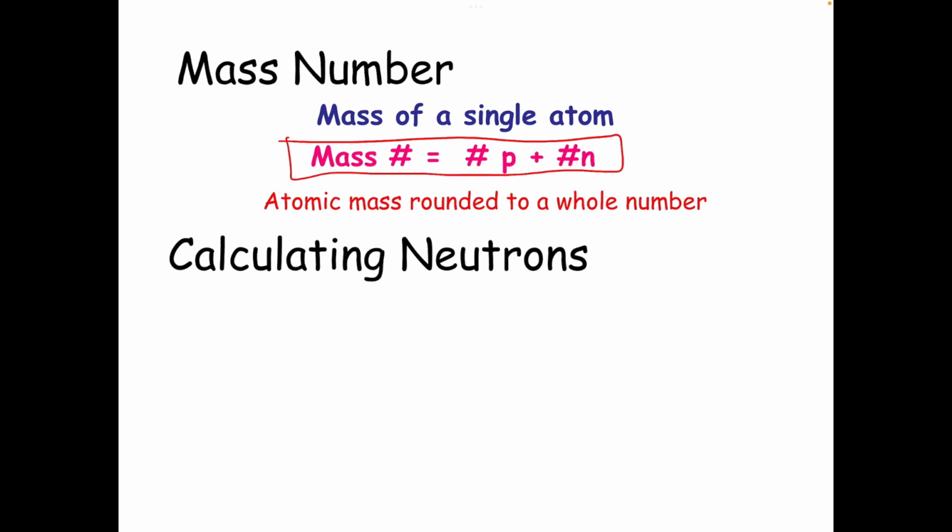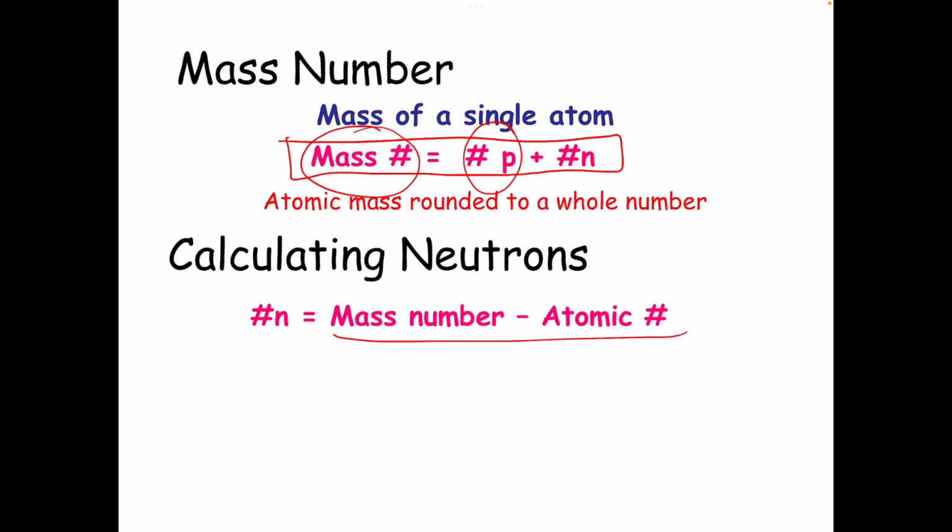So what would be the way to calculate your neutrons? Well, if you know mass number from the periodic table, and you can figure out protons from the periodic table, then all we need to do is subtract the number of protons from your mass number. So mass number minus atomic number.